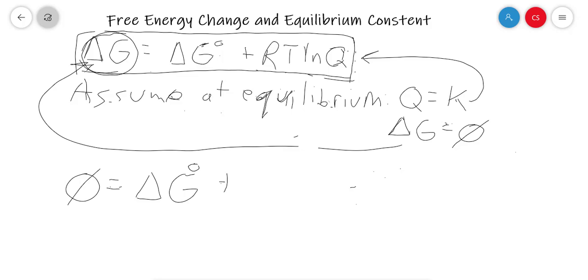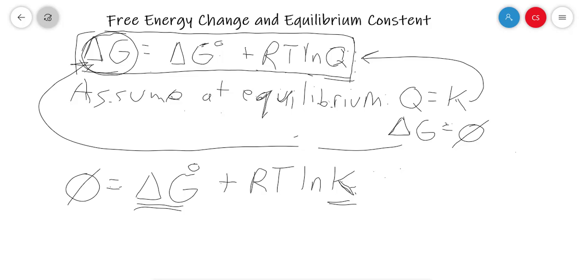So that's still there, plus RT ln, this time ln of K, the equilibrium constant. And that gives us an expression that relates the equilibrium constant to the standard free energy change. That's going to be a really helpful thing to have.